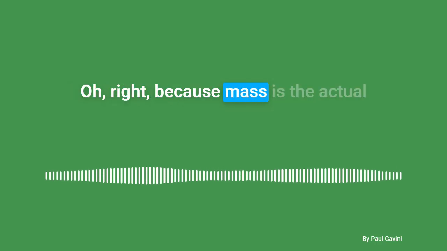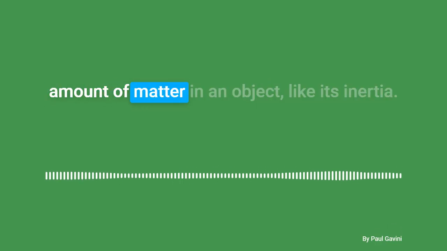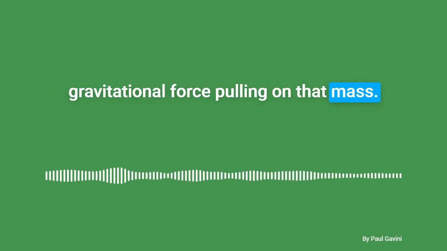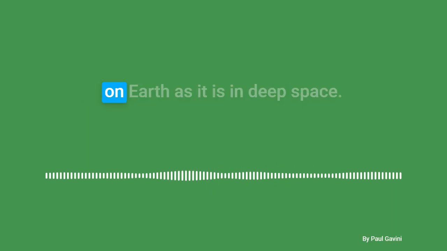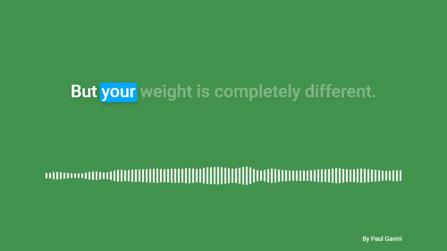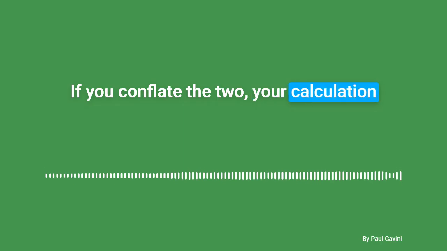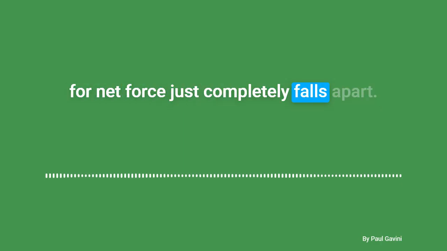Oh, right. Because mass is the actual amount of matter in an object, like its inertia. Yes. And weight is just the local gravitational force pulling on that mass. I mean, your mass is the exact same on Earth as it is in deep space. But your weight is completely different. Exactly. If you conflate the two, your calculation for net force just completely falls apart.